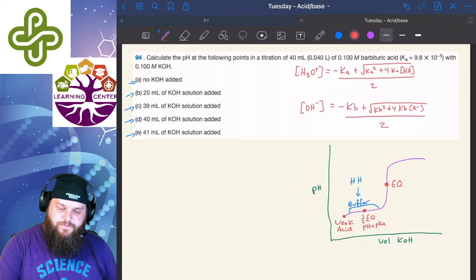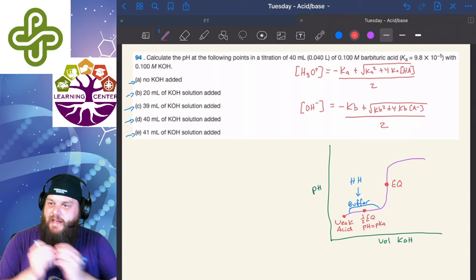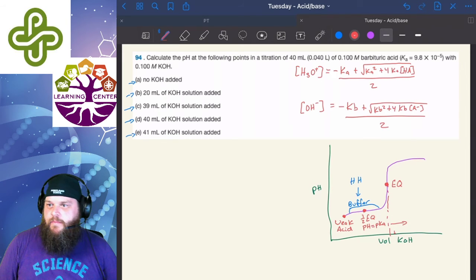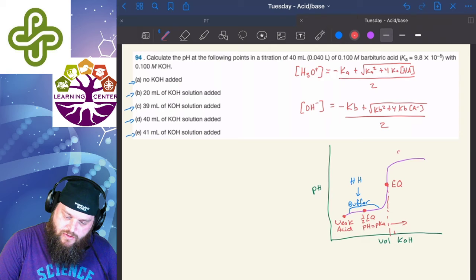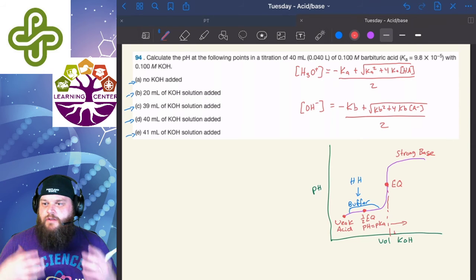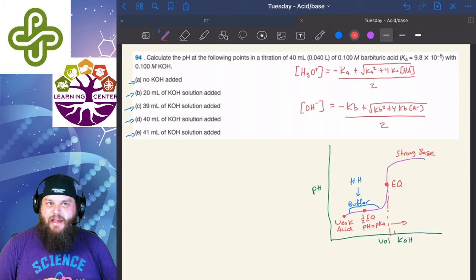So after the equivalence point, once we add even a little bit more volume, so anything really beyond this point here, we treat as a strong base. Because after that, it's really the strong base that is taking over, and the weak acid doesn't really have any effect on the pH.